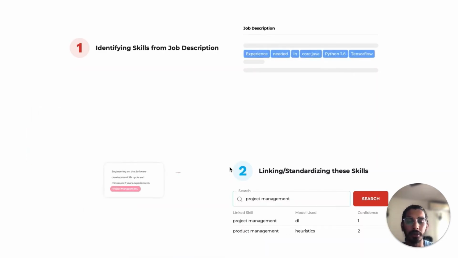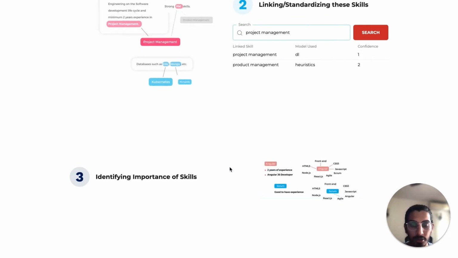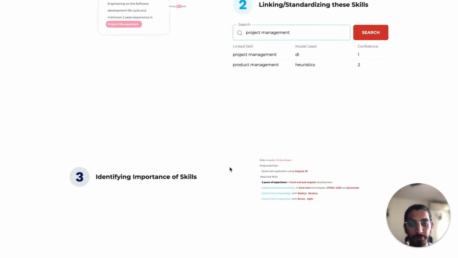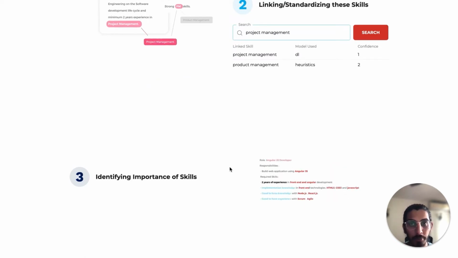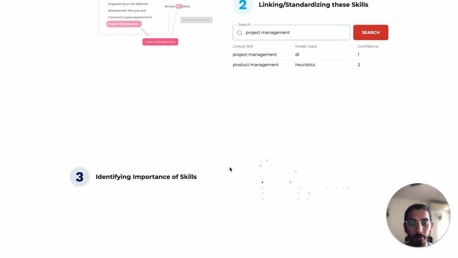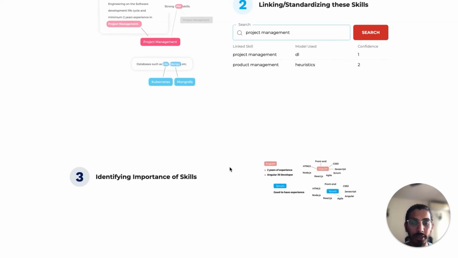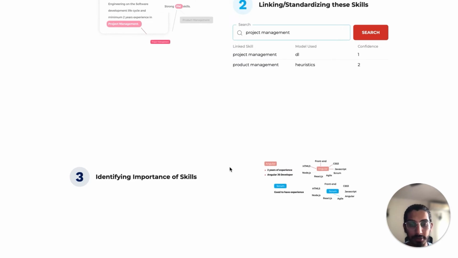Now let me move to the third point. Once you have understood and standardized the entities, it's also very important, from a skills perspective, to know what is important. A job description asks for lots of skills. It's very important to understand what is and is not important as part of the job, to discover the relevant candidates and fulfill the talent needs of the recruiters, hiring managers and the company.